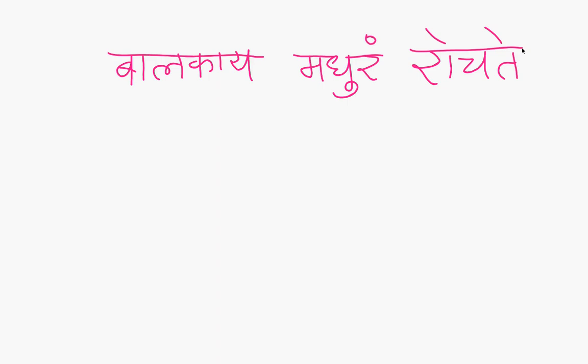Rochate. Now this is slightly different, it looks different, like it is not ending in ti, like patati, gacchati, kridati, kutyati, asuyati, drihyati. We have been saying all the kriyapadas in ti ending now. This one is different, rochate, which is a different form.